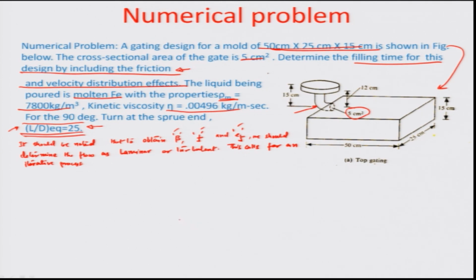And so as a first approximation, the average velocity is computed with an assumption of the CD value being equal to 1.